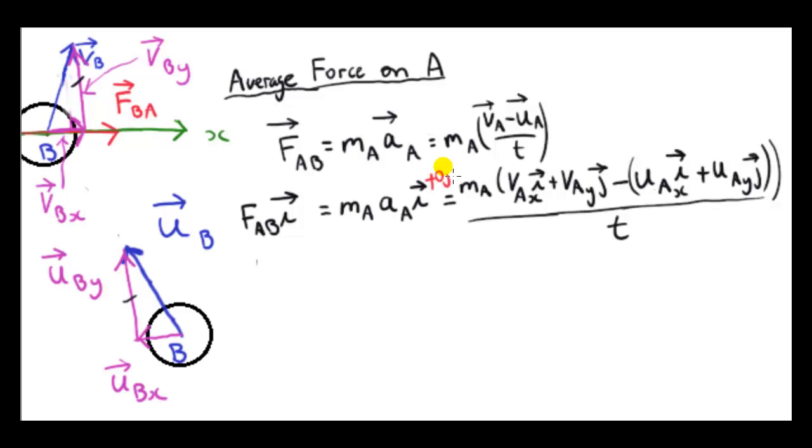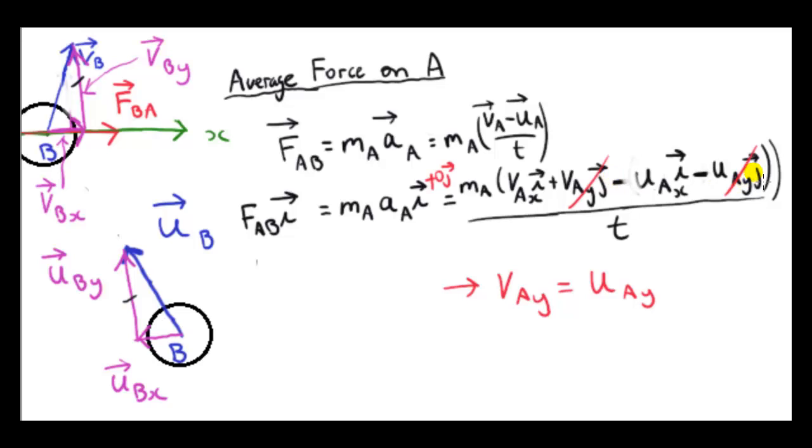Since there's no j component here, you can see that these j components must cancel out. So if they cancel out, they must be equal to each other. So VAY must equal UAY. You can see the minus sign in here. It's probably fairly obvious, but just to make sure, if I take in the minus sign here, we get this vector in here, and we just gather up the I terms, and we gather up the j terms, but the j terms must give us 0.